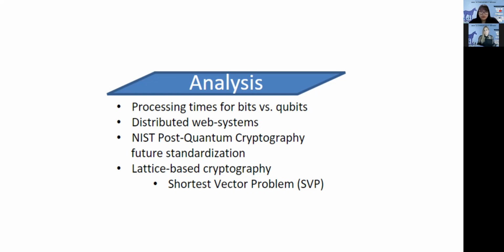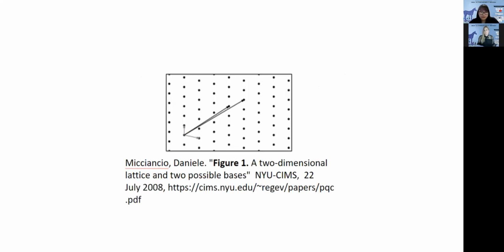And going into that in more detail, let me show you this diagram. We have a figure of a lattice with the 2 possible bases. And so of those 2 sets of vectors, the one going to the right would be considered a bad set of vectors because they're not the shortest possible, and then the one that's closer to the base, going pretty much 1 point, would be considered a good vector set.